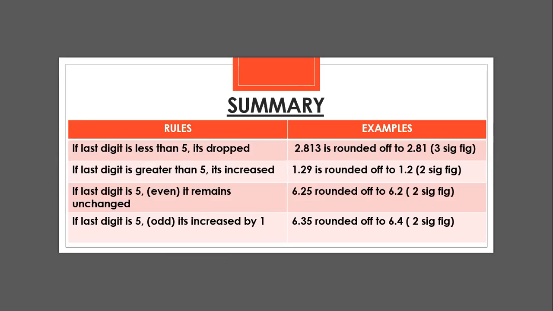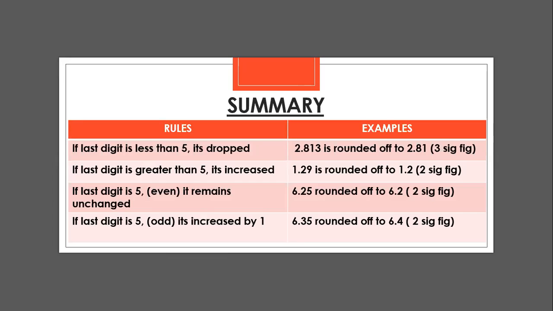1.29. You have been asked to round it off to 2 significant figures. I'm sorry, there is an error. 2 significant figures, it means 1.2, and 9 is the dropping digit, and 2, you are going to underline it. Since 9 is greater than 5, the previous number gets increased by 1.